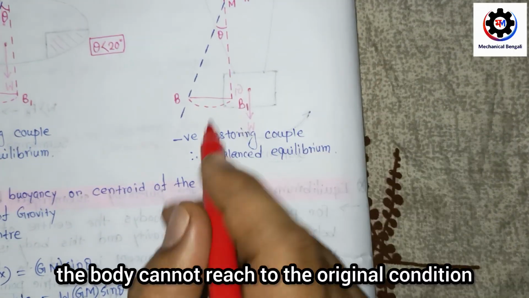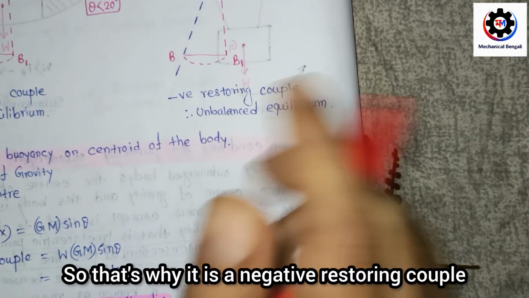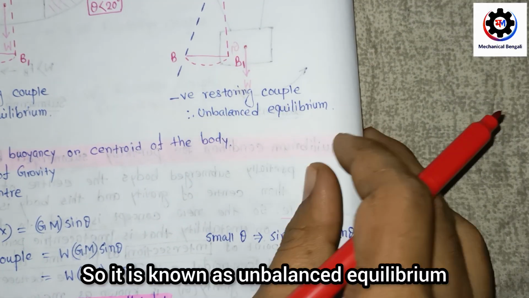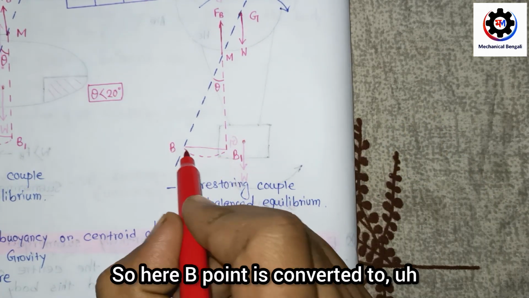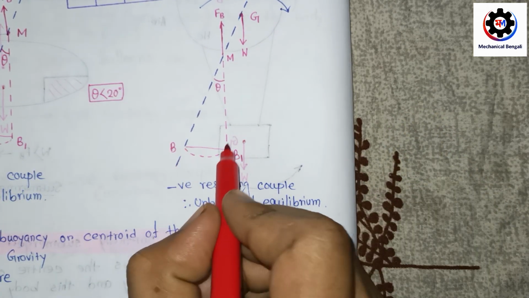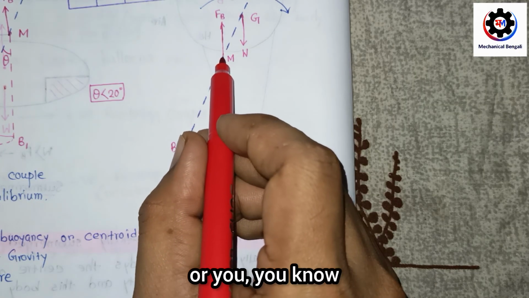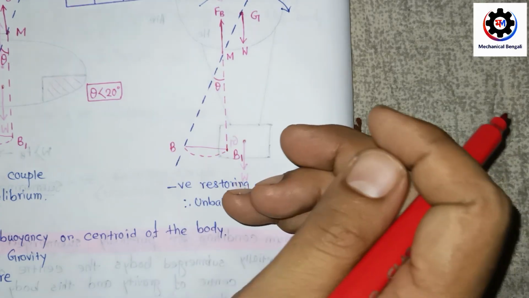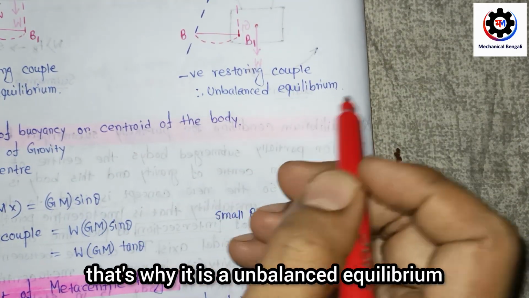So the body cannot return to the original or vertical condition again. That's why it is a negative restoring couple, or unstable equilibrium. Here point B is transferred to B1, and M is the metacentric point, or you can say metacenter.